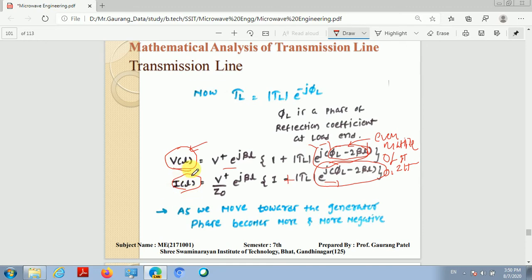So when the phase is an even multiple of pi, the voltage is maximum and the current is minimum, and when the phase is an odd multiple of pi, the voltage is minimum and the current is maximum.